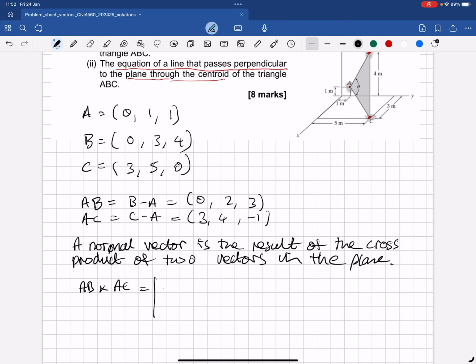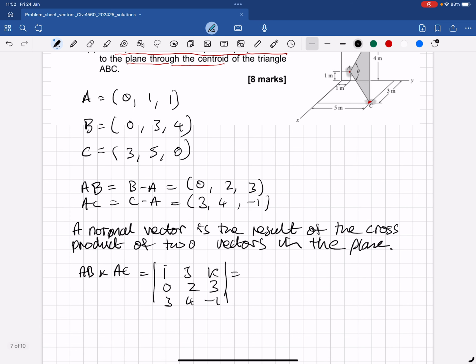Now we'll do it with the determinant form, i, j, k, 0, 2, 3, 3, 4, minus 1. I'll expand this for you, with the minus sign there.